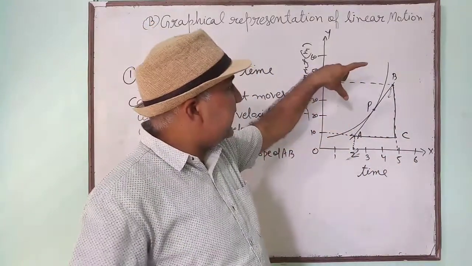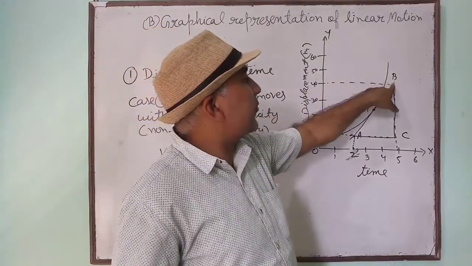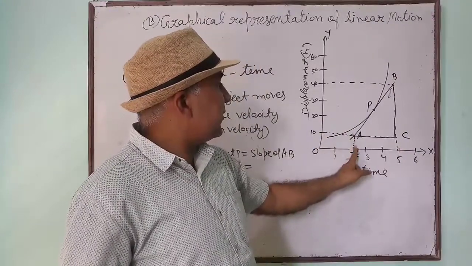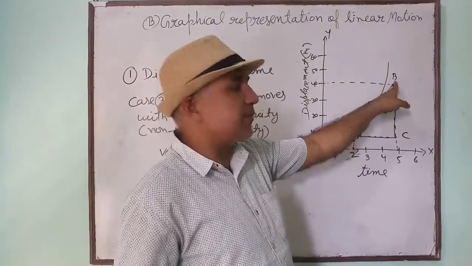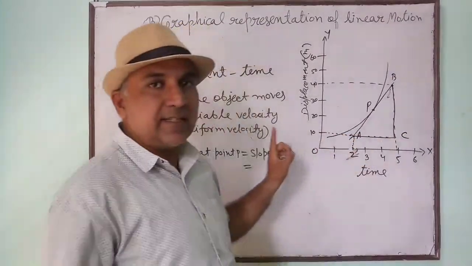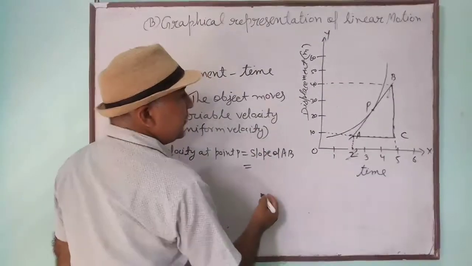We will take any 2 points on this slope. 1 point I have taken in front of 40, in front of 5, in front of 10, in front of 2. This point I am taking A, this point suppose it is B. Okay, when we join, then both are intersecting at C. Understood? Now, how to find the slope of AB?